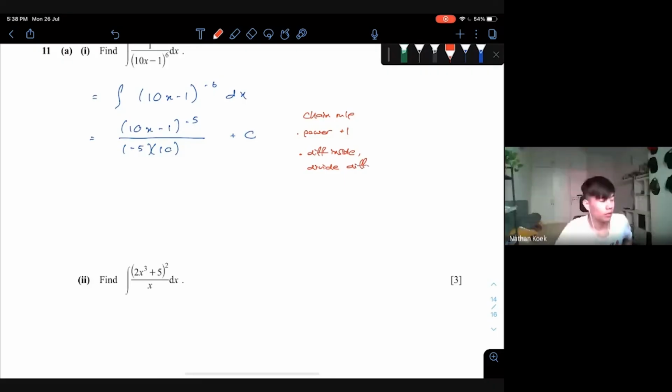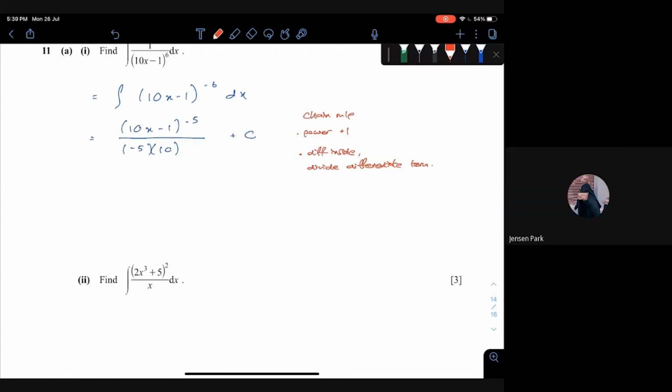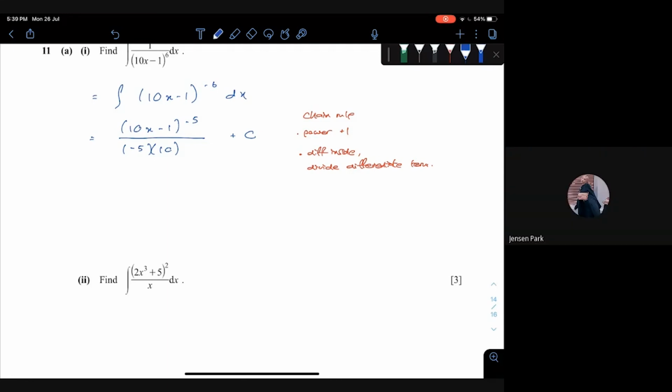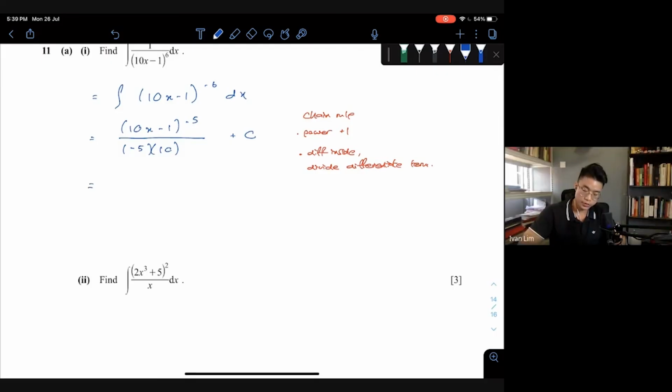My final answer I left as -1 over 50 bracket 10x minus 1 power 5 plus C, because the one on top is power -5, so I place it back to the bottom. So 50 over something, here will be your final answer.